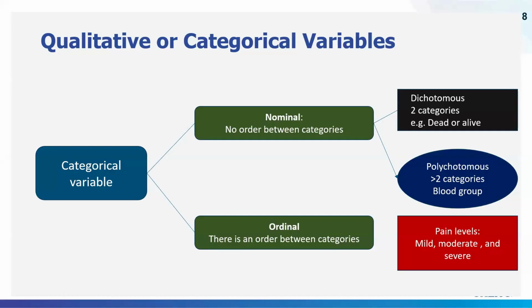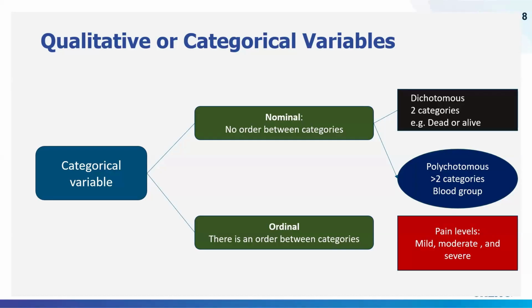There is no other option that falls in between. So this can be said to be dichotomous. Or when we have different options, we can call it a polychotomous variable. Ordinal, where there is an order between the categories, like we just saw the pain level, where we can move from mild, moderate to severe pain.